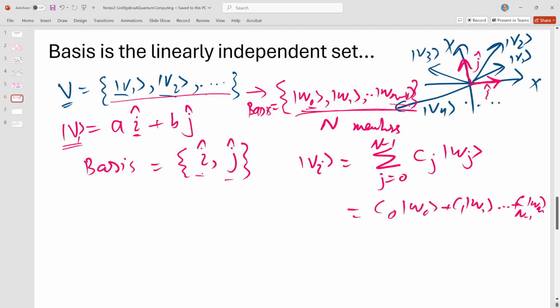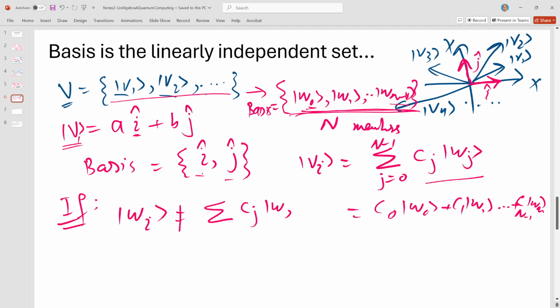So there are n elements, so I'm labeling from 0 to n minus 1, so the total number is capital N, instead of labeling from 1 to capital N. So this is our basis if none of these elements, let's say some Wi, can be written as a superposition of the remaining elements in this set.